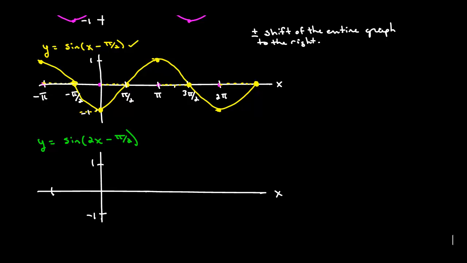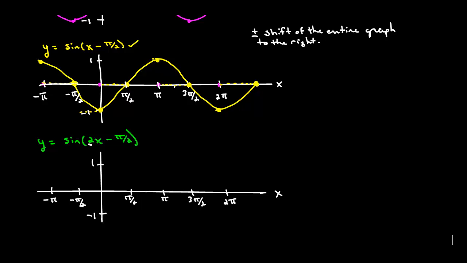Okay. Here's negative pi over 2, pi over 2, pi, 3 pi over 2, 2 pi, so on and so forth. Now the difference between the yellow line and the green line is this 2.